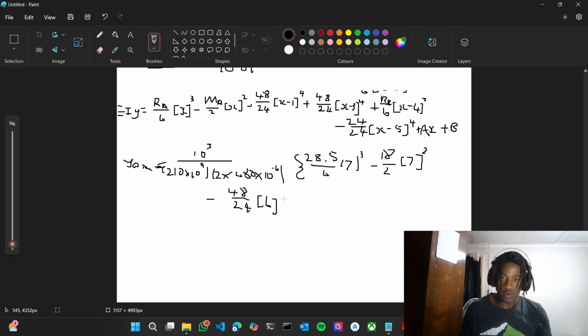Right, because it's 7 minus 1 to the 4th power plus 48 over 24 multiplied by 4. 7 minus 3 is 4 to the 4th power plus RP, which we found to be 115.5 newtons over 6 multiplied by 3 to the 3rd minus 2 to the 4th.